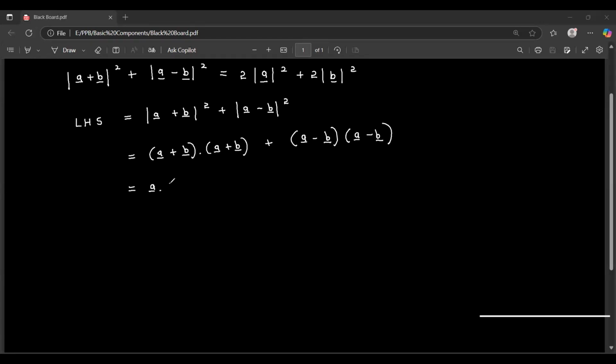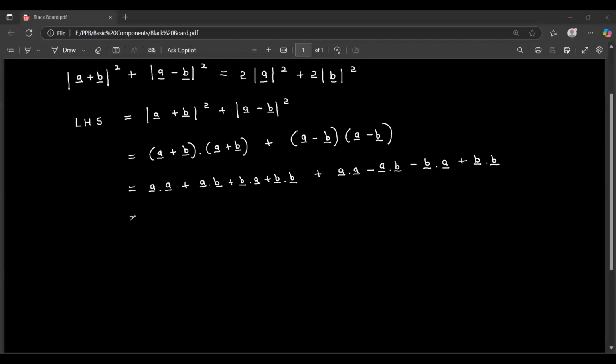And this will give me A into A plus A into B plus B into A plus B into B, plus A into A minus A into B minus B into A. Minus into minus will be plus, so I will get plus B into B. And this will give me modulus of A squared plus 2 A dot B plus modulus of B squared, plus modulus of A squared minus 2 A dot B plus modulus of B squared.